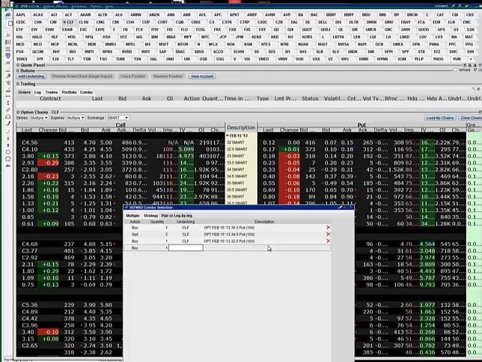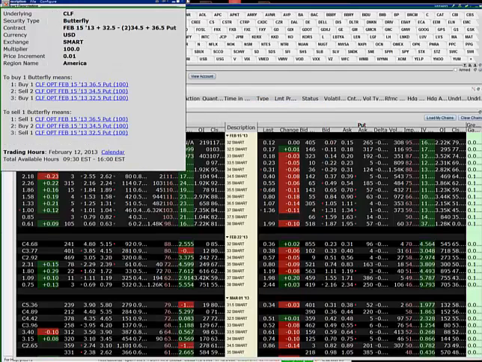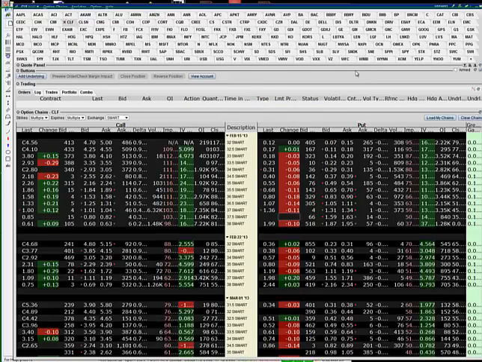See what price I can put this on for. This is a $2 put fly in Cliffs, the 36.5, 34.5, 32.5 put fly in Cliffs. This is a put fly for earnings.